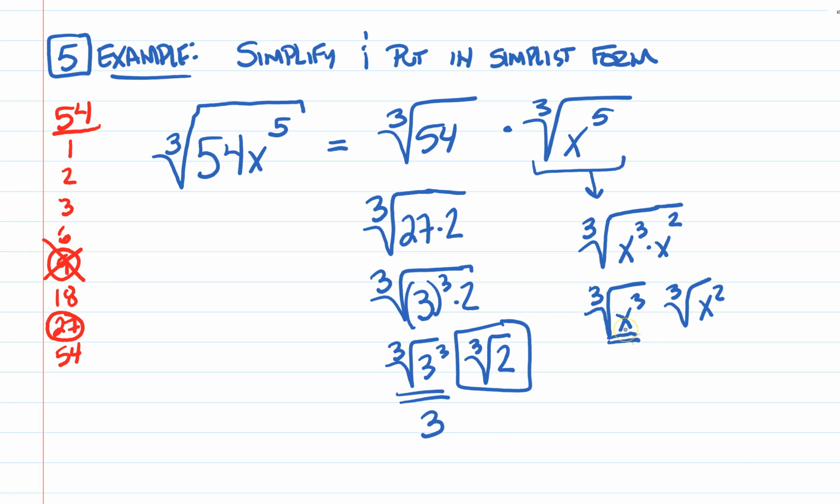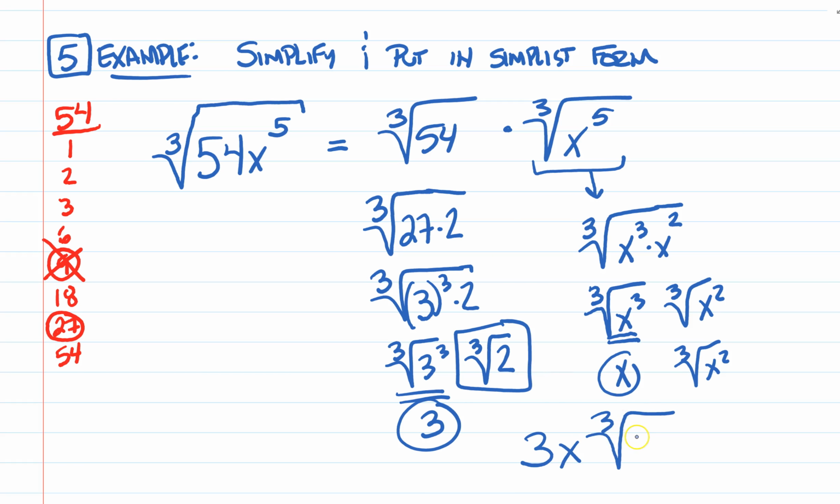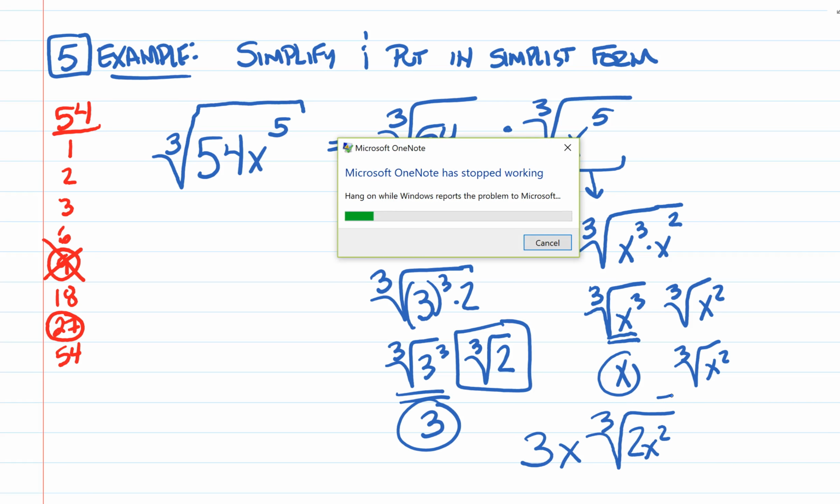This gives me x back, and the cube root of x squared I can't do anything with, because my index is larger than my exponent. So when I put this all together, I have a 3, an x, and a cube root of 2x squared.